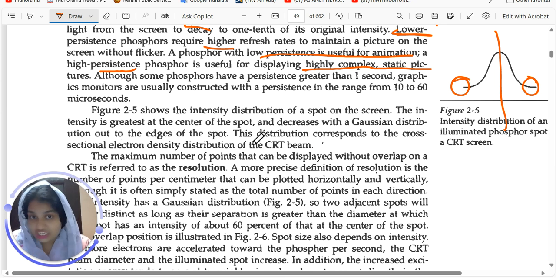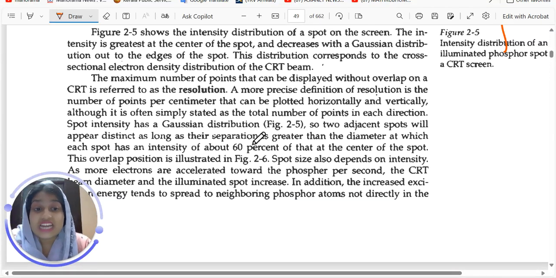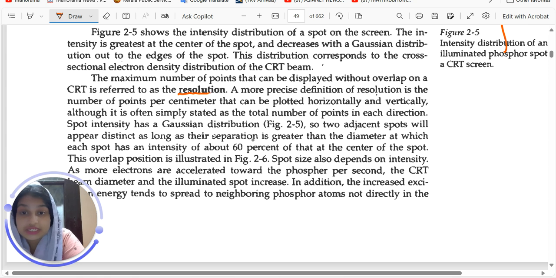So, we have learned one definition, that of persistence. Now, the maximum number of points that can be displayed without overlap on a CRT is referred to as resolution. Our next definition is that of resolution.